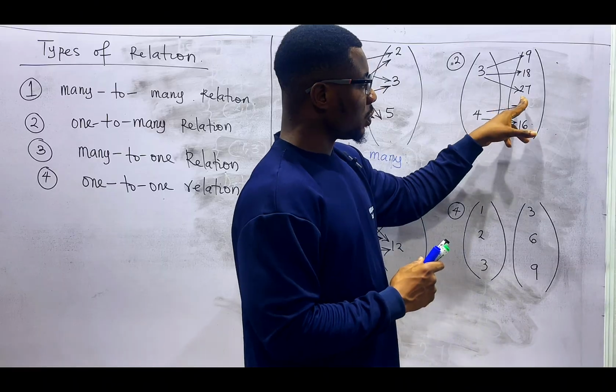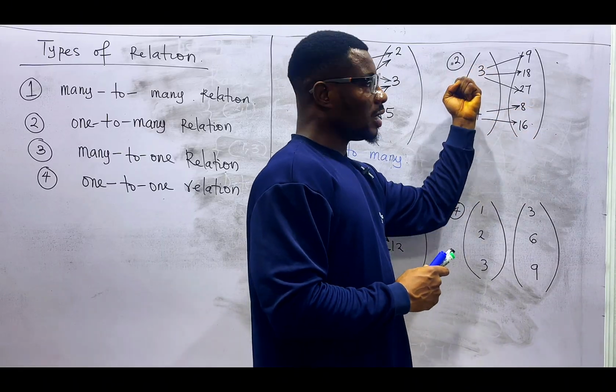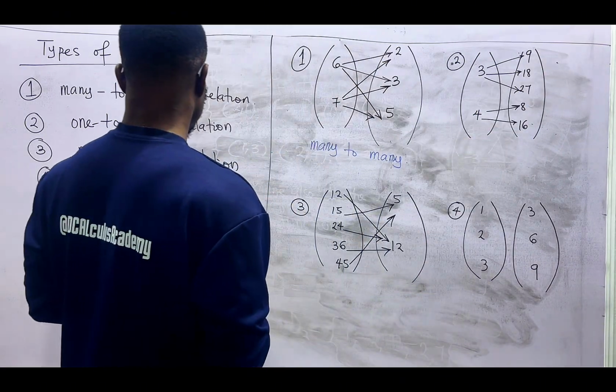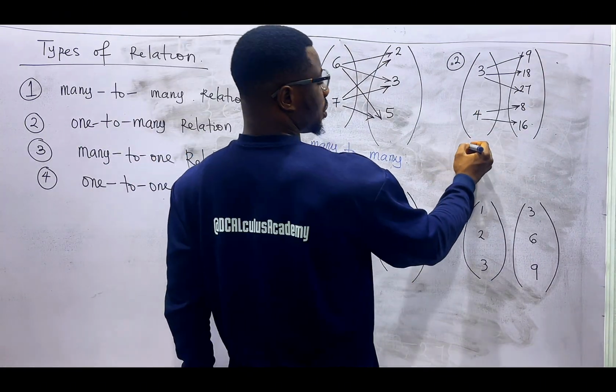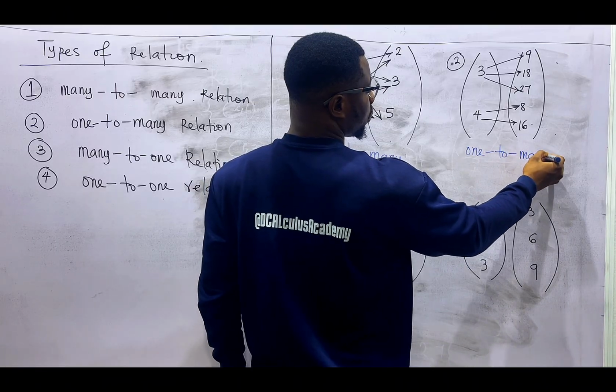Also, 4 relates to 8, 4 relates to 6. So one element here relates to several elements in the codomain. So we can say such a relation is the one to many relation.